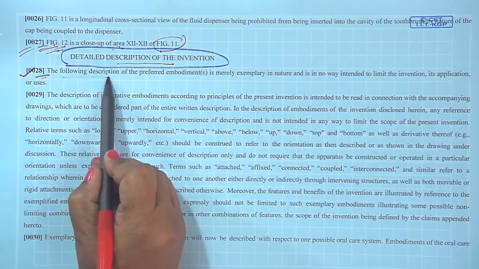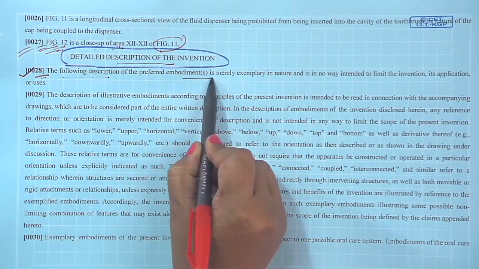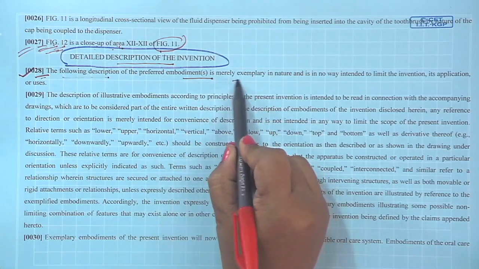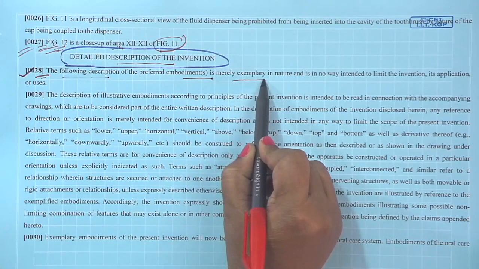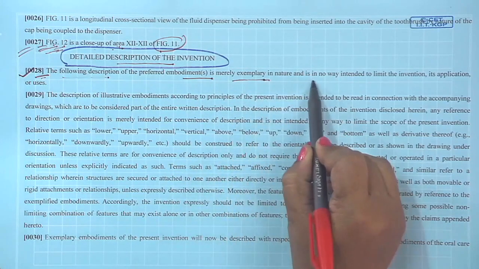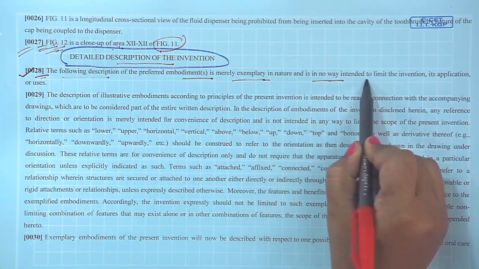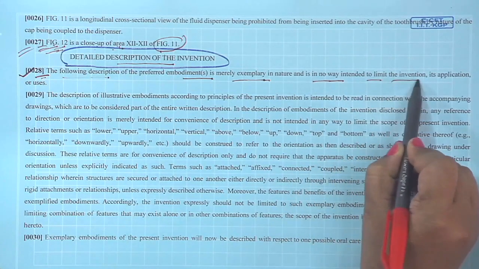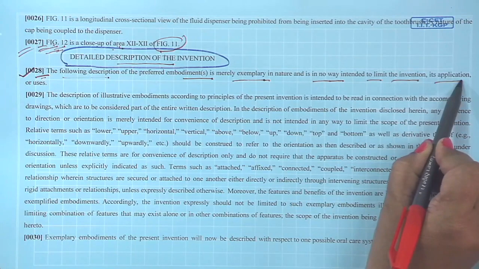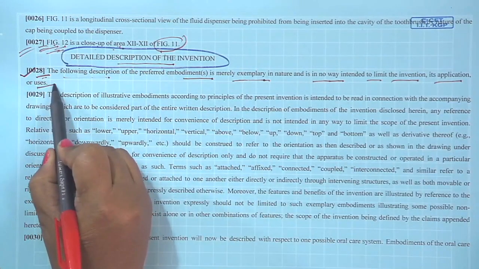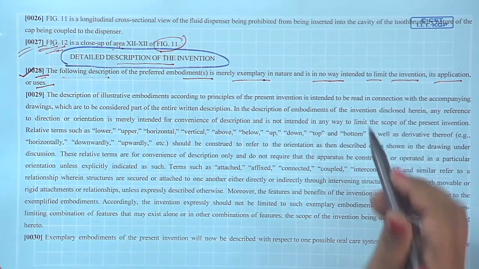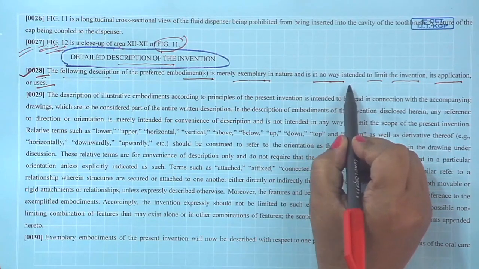"The following description of the preferred embodiment is merely exemplary in nature and is in no way intended to limit the invention, its application or uses." So, you can see how carefully it is written.